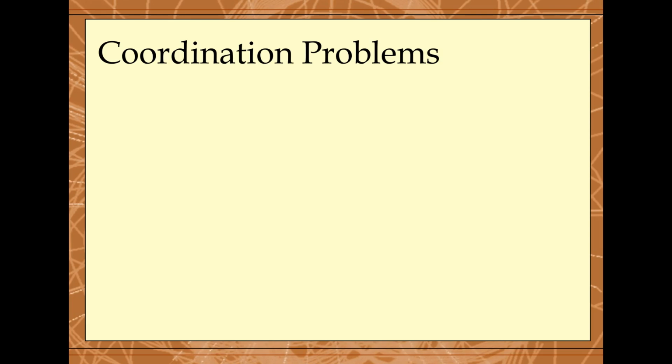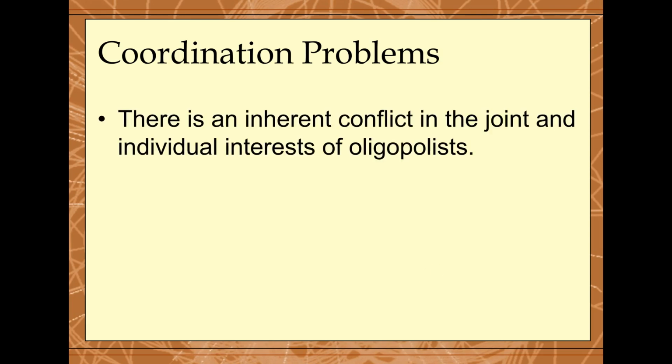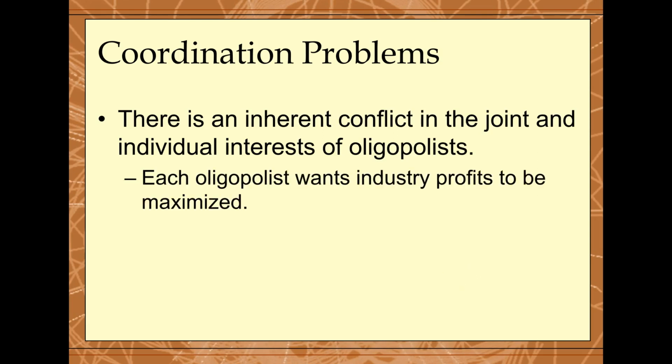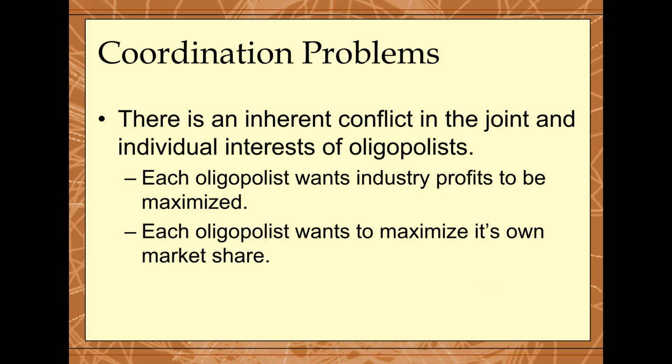Now, oligopolists would love to cooperate, and let's say I'm an oligopolist, you're an oligopolist. I secretly tell you, hey, raise your price and I'll raise my price and we'll both make a lot more money. This could happen, but there is difficulty in coordinating this because I want to maximize my profit, and you want to maximize your profit.